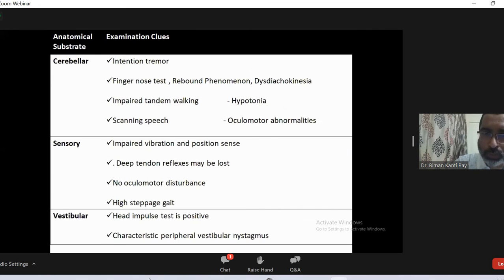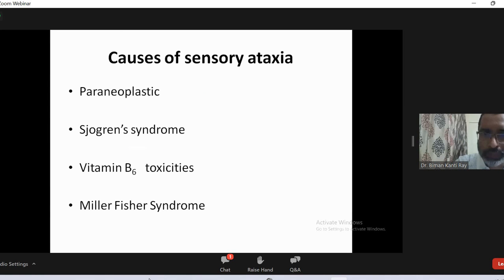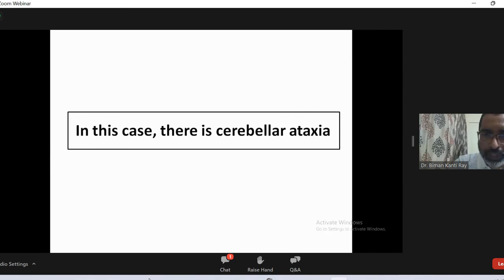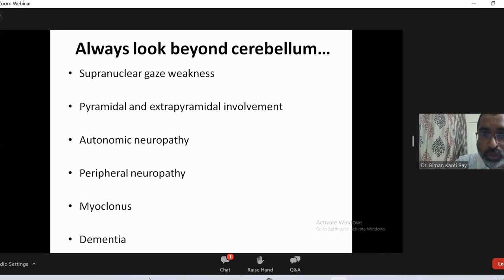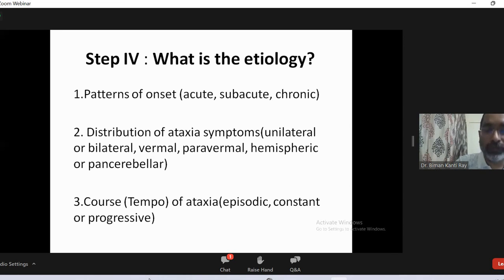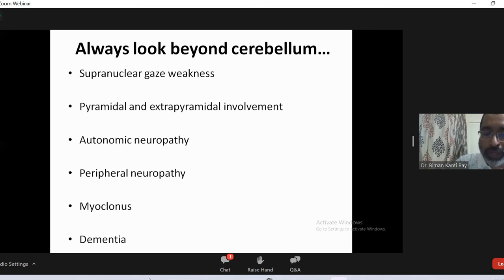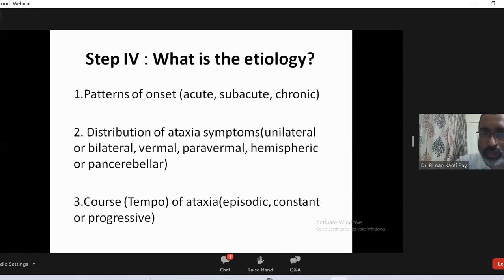So once you get all this information from the history, your etiological diagnosis becomes very obvious. So once you get all the findings, the next plan, that is step 4, is to establish the etiology of a particular case.